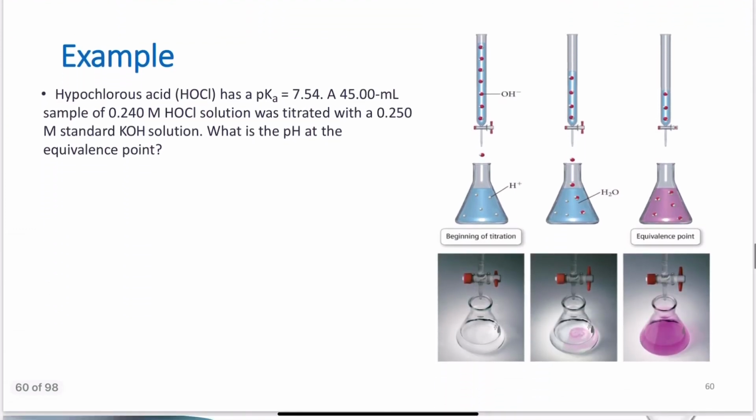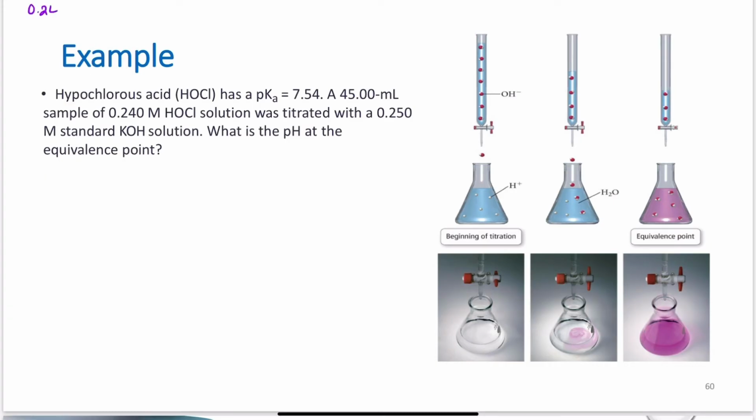How about this example? Hypochlorous acid, HOCl, has a pKa of 7.54. A 45 mL sample of 0.240 molar HOCl solution was titrated with a 0.25 molar standard solution of KOH. What is the pH at the equivalence point? Well, let's see what we got here. We have 0.240 molar HOCl, and we have 45 mL of it.